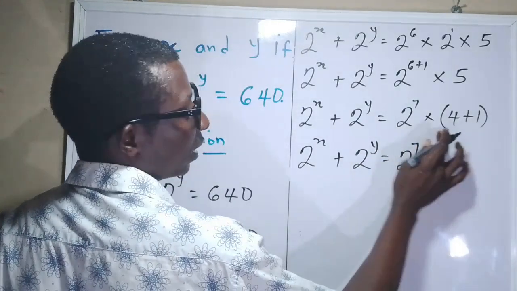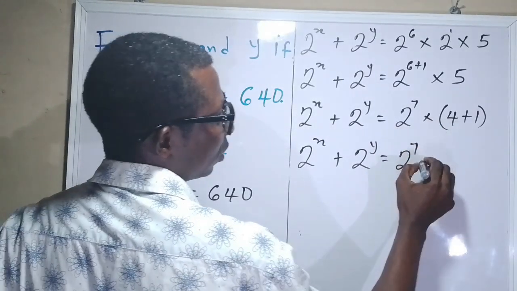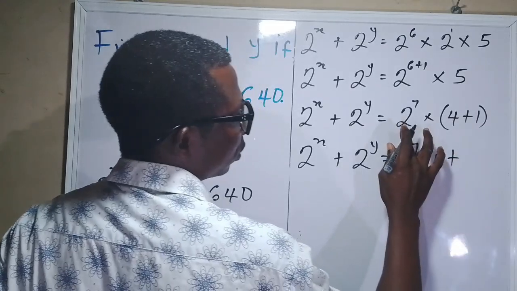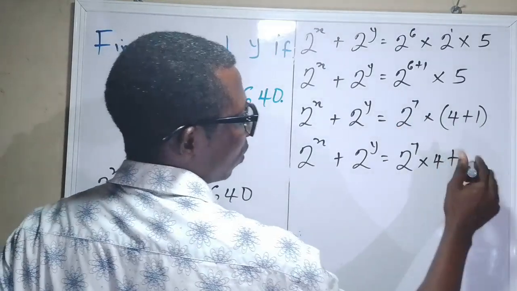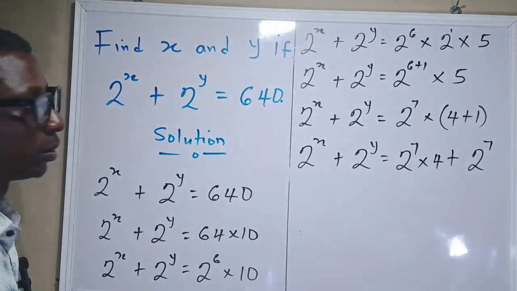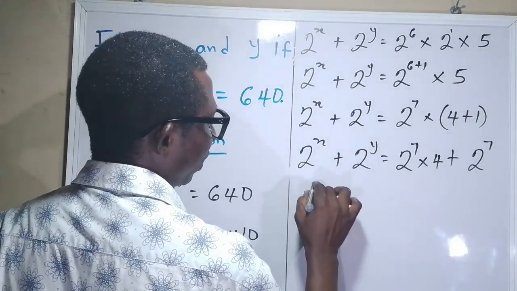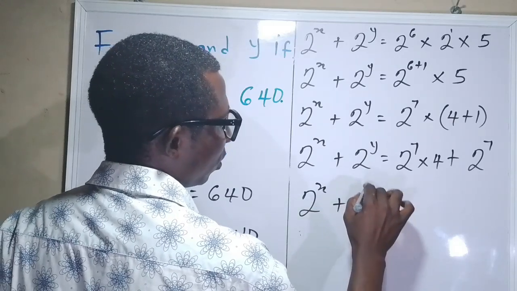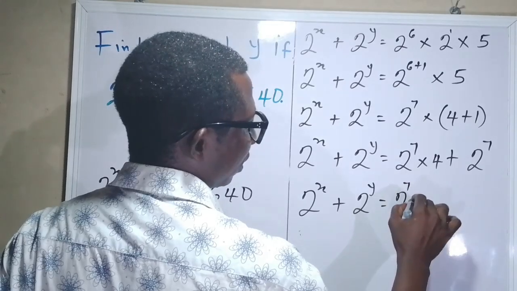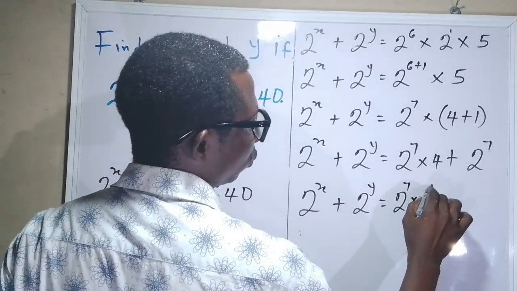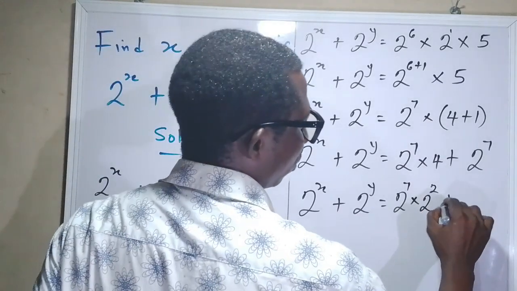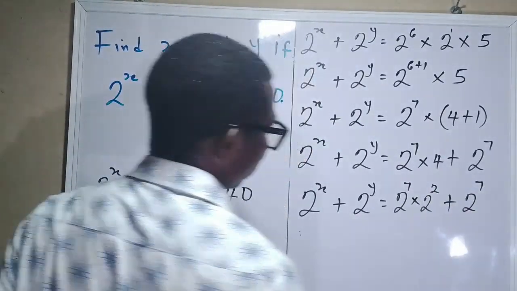Now we open the bracket, so this will multiply itself with this. So times 4 plus 2 raised to the power of 7 times 1. That's 2 raised to the power of 7. Okay, so we have 2^x + 2^y equals 2 raised to the power of 7 times 2 raised to the power of 2, which is the same thing as 4, plus 2 raised to the power of 7.